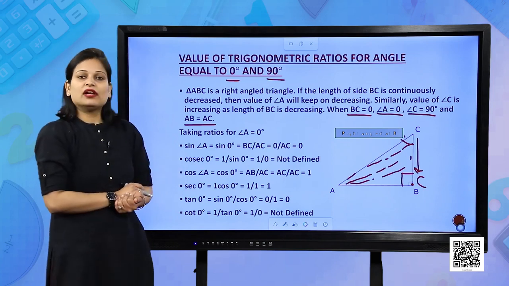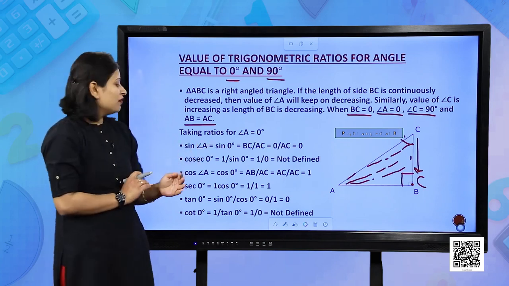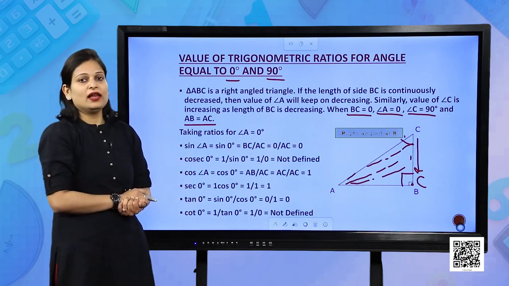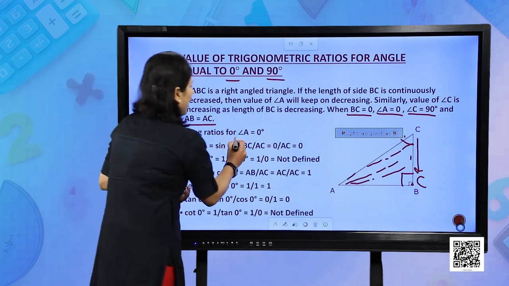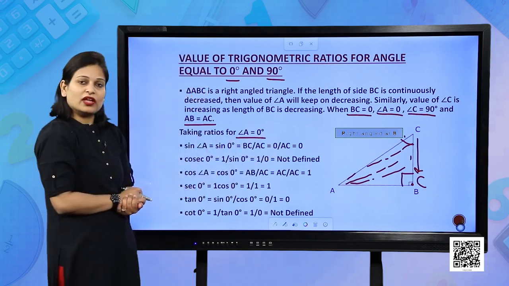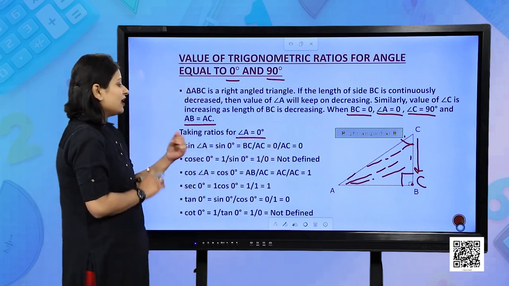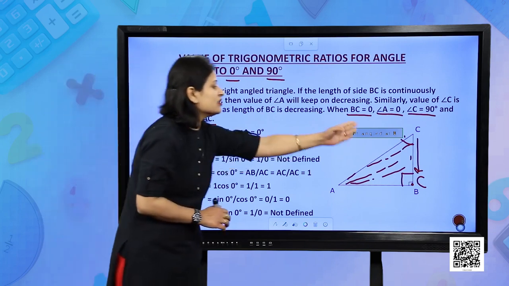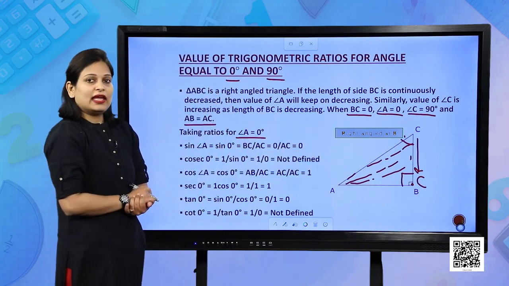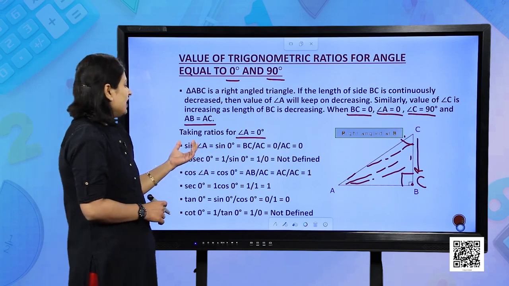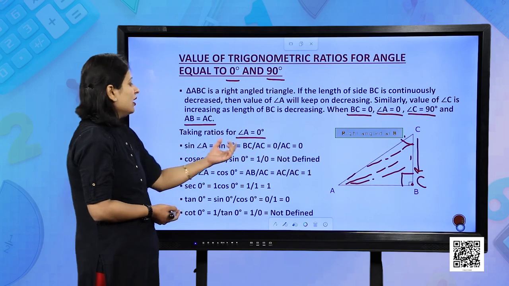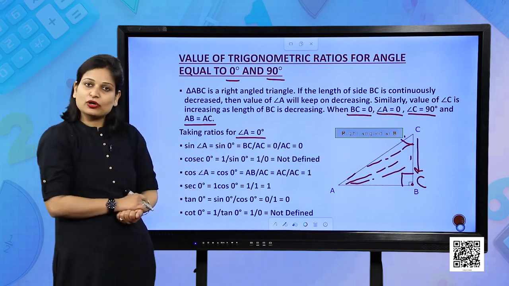Now, first of all, we will take angle A. We will find out the trigonometric ratios with respect to angle A. Angle A is 0 degree. Now, sine of angle A means sine of 0 degree. If we consider triangle ABC, what will be the sine function according to the definition? It will be perpendicular upon hypotenuse.